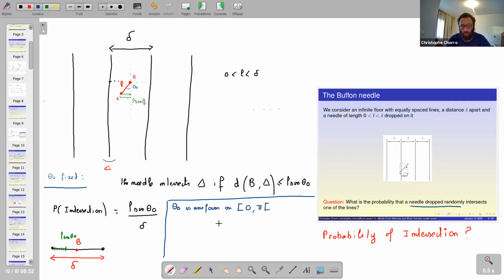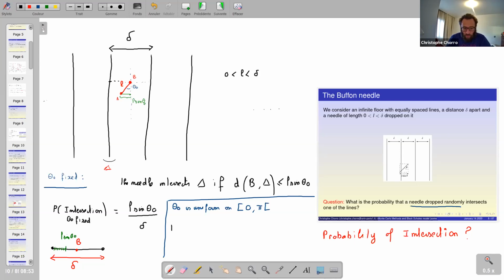Okay, so the probability I am interested in will be what? You have here the probability for a single theta 0 being uniform on the interval 0 pi. The probability of intersection, for theta 0 fixed.